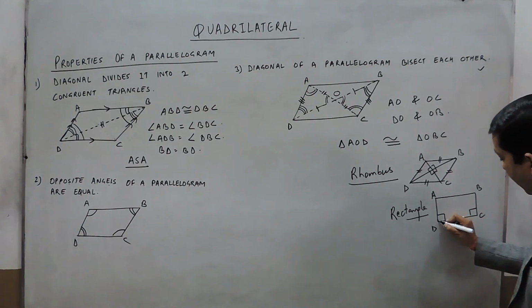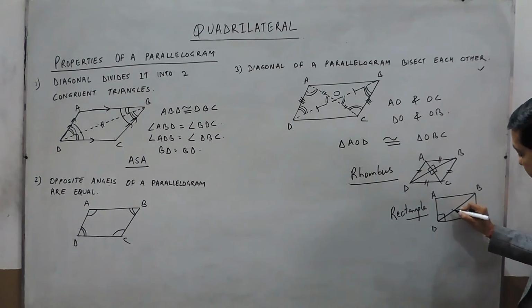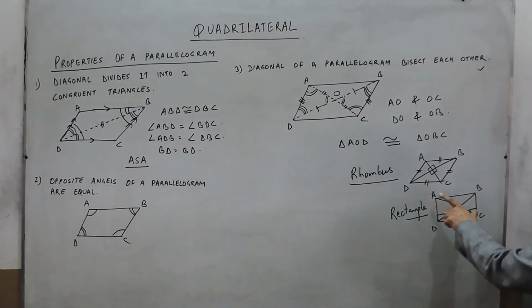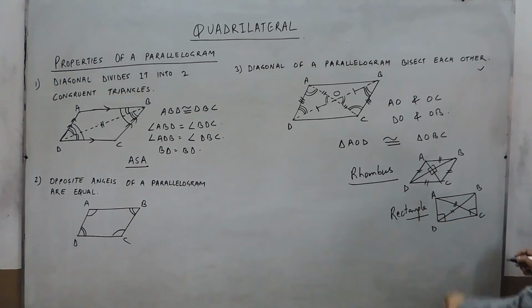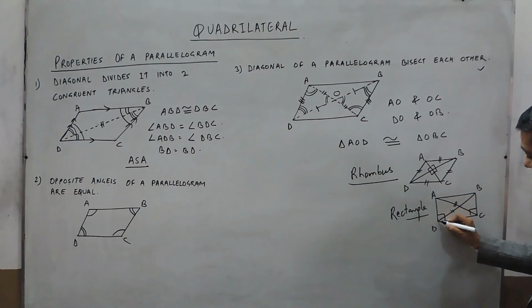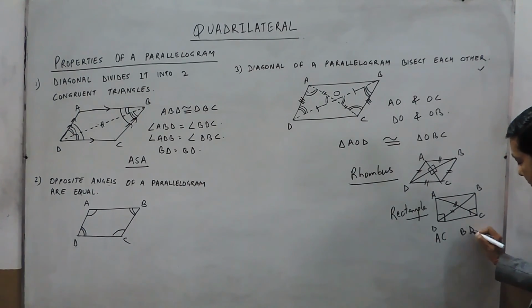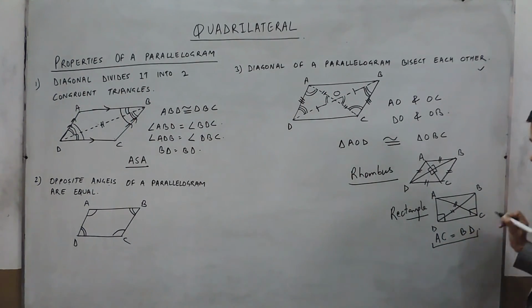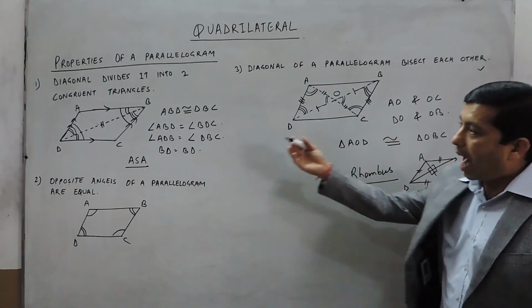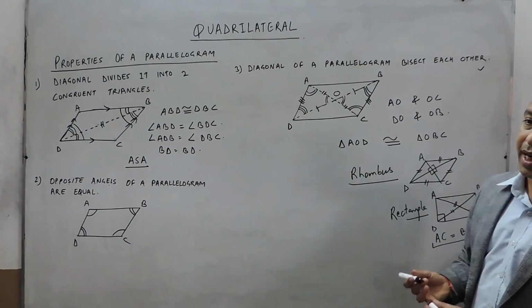And in case of a rectangle, the length of diagonal BD and the length of diagonal AC must both be equal, because by the Pythagoras theorem, DC is common and DC is equal to AB. That definitely means if it is a right angle triangle, then the length of AC and the length of BD should both be equal. This is another property of a rectangle added to these properties of a parallelogram.